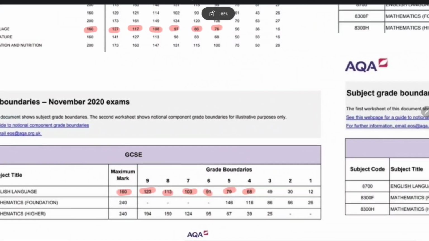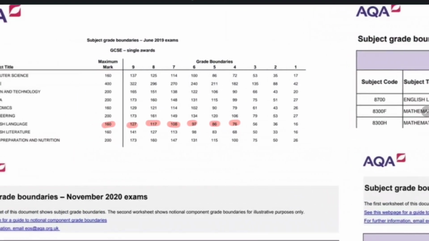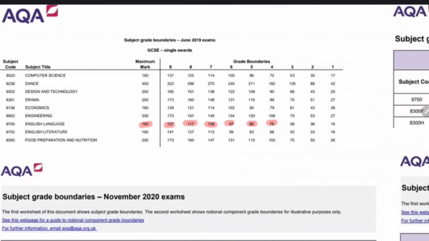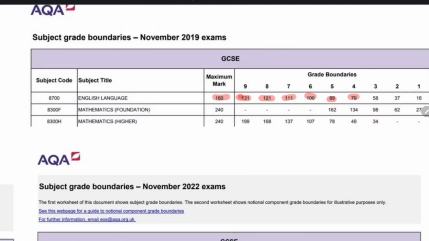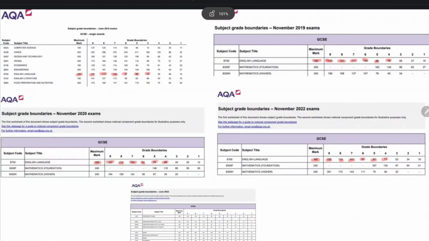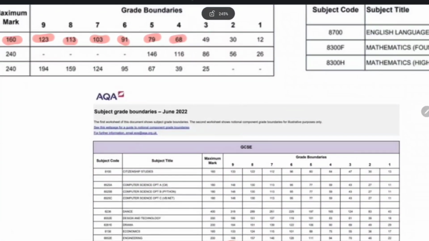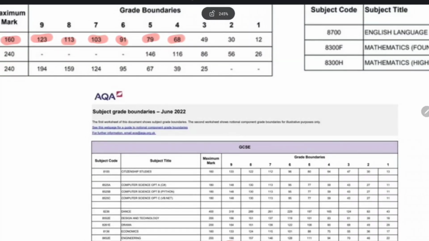It was lower than November 2020. It was lower than June 2019, and it was also lower than November 2019. So in fact, last year's grade boundaries were the lowest we have ever seen in the history of the English language GCSEs.